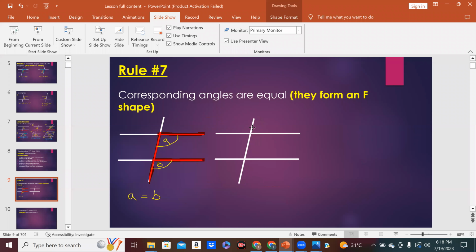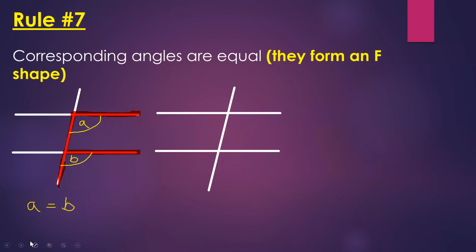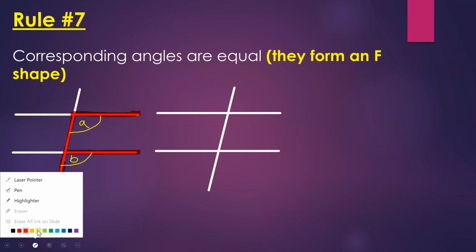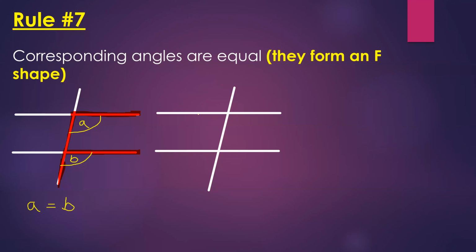All right, let's move on. Let's look at another one. We can also do the other side, right? It doesn't have to only be a forward looking F, it could be a backward looking F. So we have something on this side.